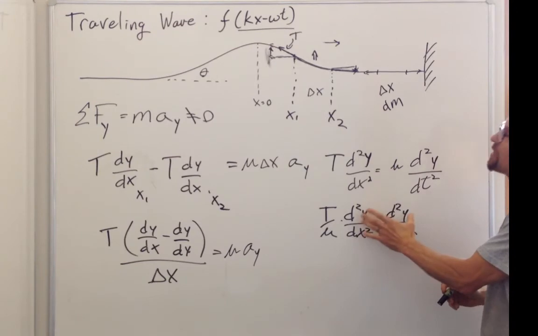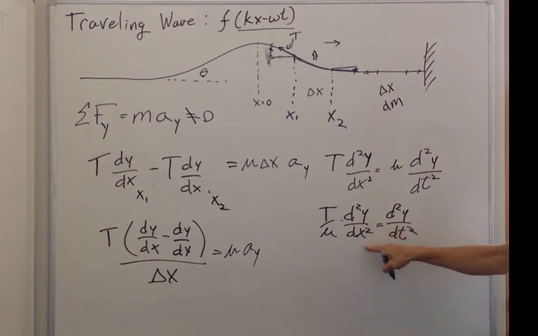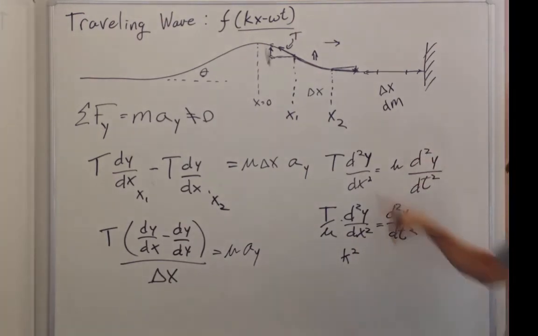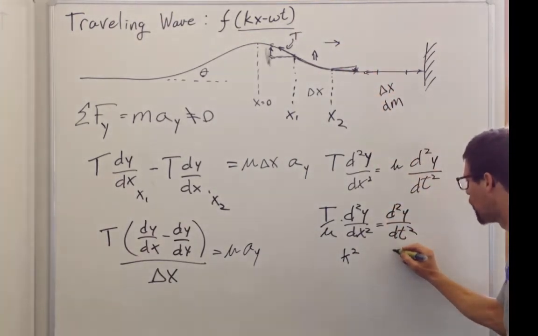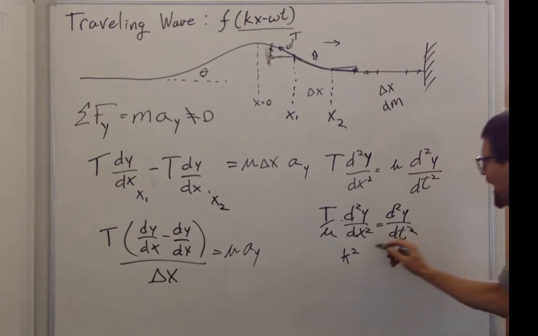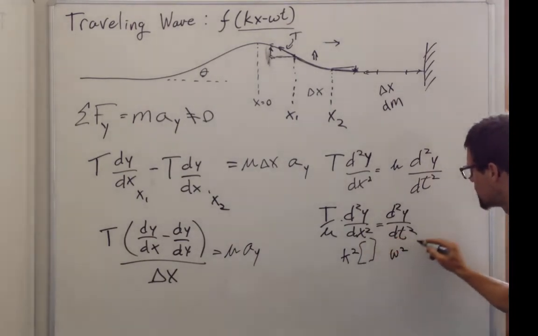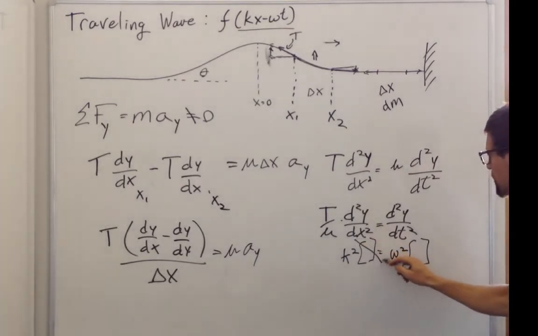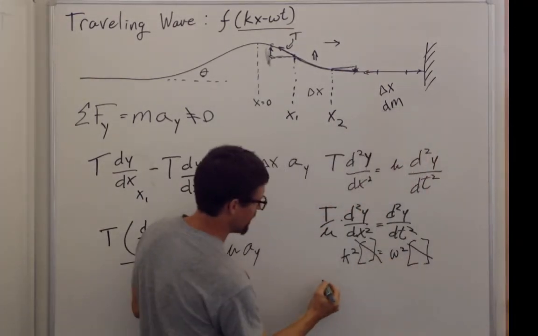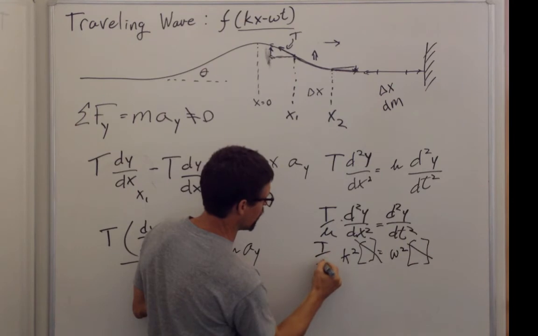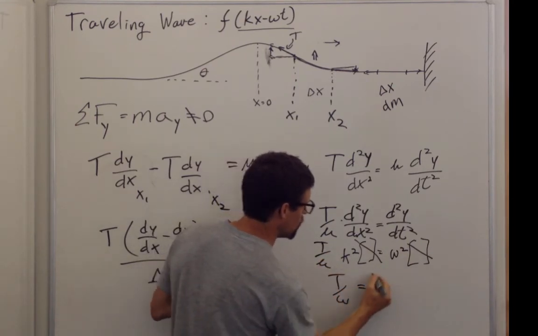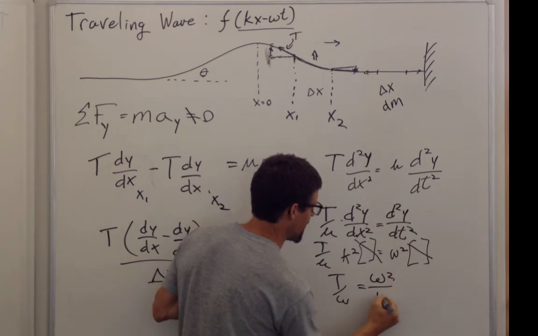And so both of these are going to be the same, except this is going to have a k squared come out, and this one is going to have an omega squared come out. And whatever else there is, the derivative of this is going to cancel. And so what I'll have then is, I'll still have the T over mu, and so now I have T over mu is equal to omega squared over k squared.